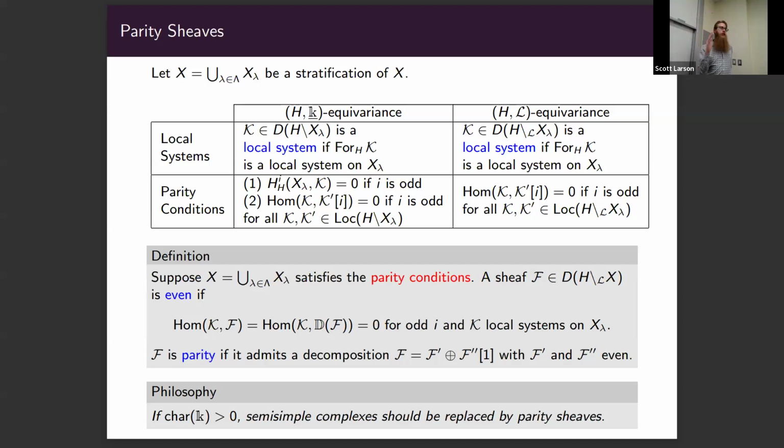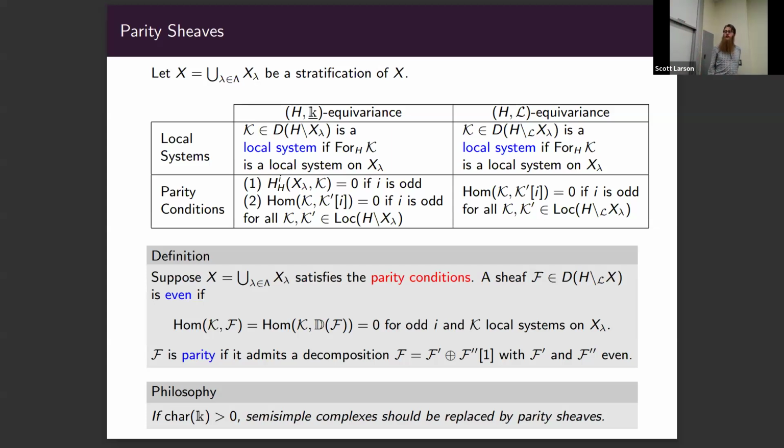This is a condition that you check locally: you look at a sheaf, restrict it to each of the strata, and see if there are any odd degree homomorphisms. And what it means to be parity is that it admits a decomposition into something even and something even that we shift by one. If something is even and we shift by one, it'll now be odd because we've shifted everything by one, so it'll have things in odd degrees, but that's okay as long as there's a nice direct sum decomposition.